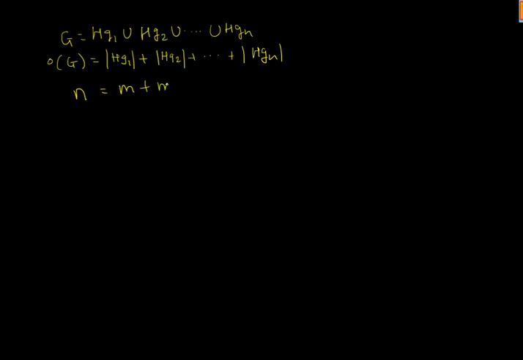So m plus m plus m, how many times? n times. Therefore we can write n is equal to m times n. And therefore after cancellation of this n, I will get m is equal to what? 1.